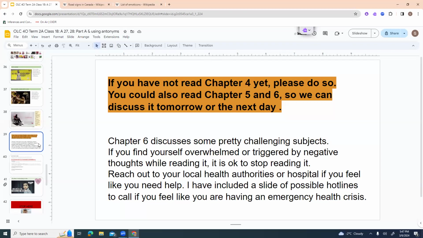Having said that, chapter 6 discusses some really challenging subjects. And if you find yourself overwhelmed or triggered by negative thoughts, especially thoughts of self-harm or suicide while reading it, it is fine to stop reading it, okay? Reach out to your local health authorities or the hospital or the mental health workers in your community if you feel like you need help.